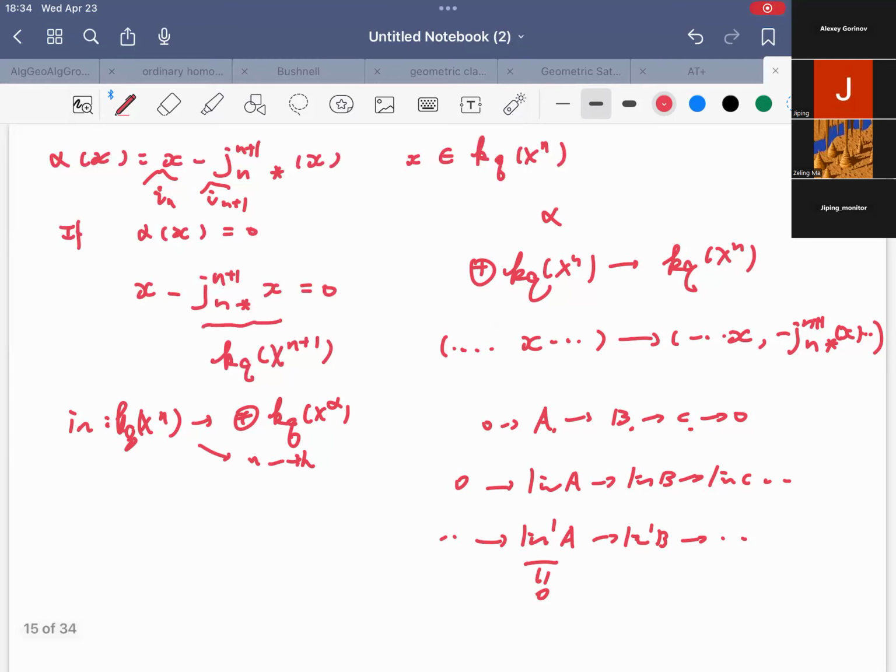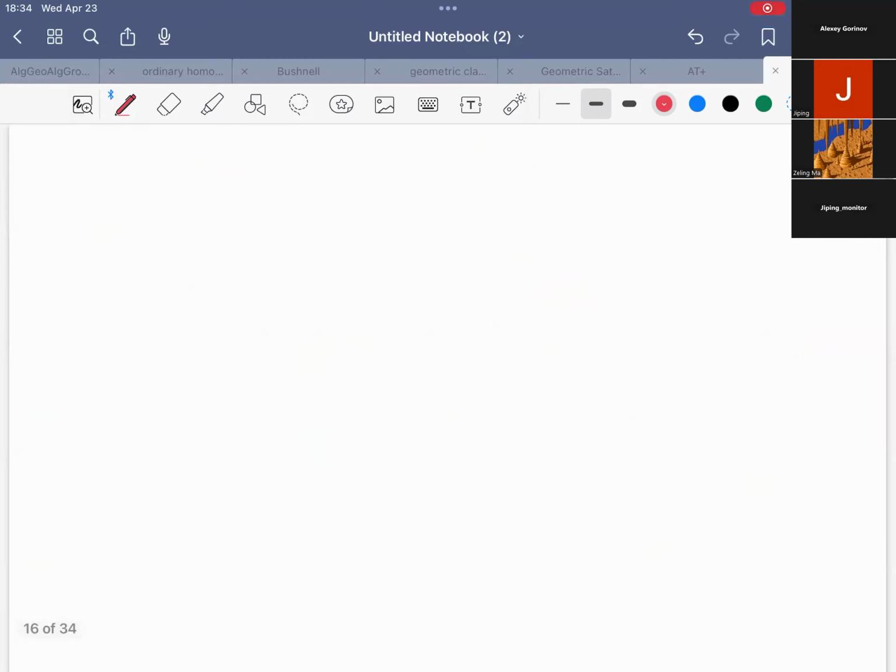Maybe it's okay. Well, I think it's more or less the same sort of proof, the same amount of effort which it takes to prove the injectivity of alpha or the surjectivity of beta.